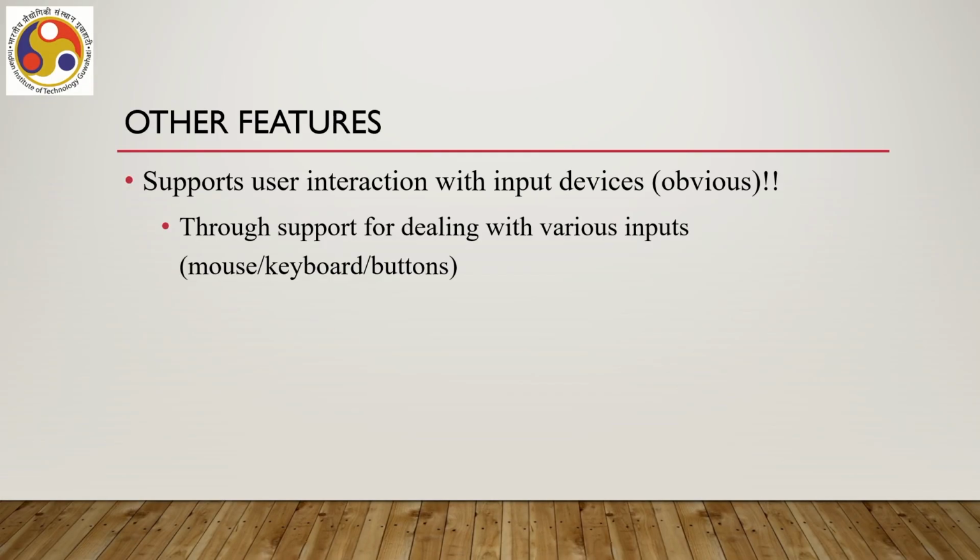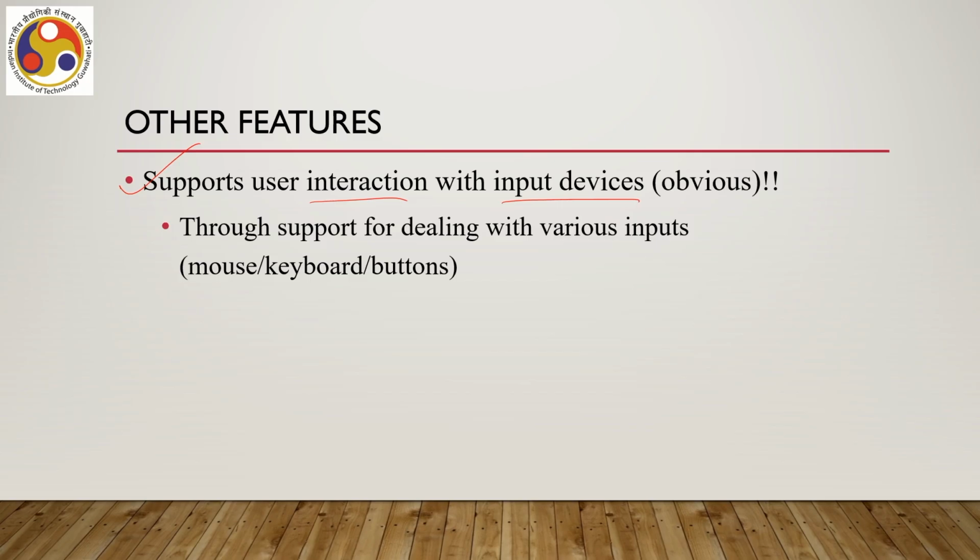As you can see, these are good constructs which can be utilized for controlling the way the objects behave in an immersive environment. There are many other features, of course, we cannot go through all of those in the limited scope of this lecture. For example, scripting supports user interaction with input devices, which is kind of obvious, because that is one of the key aspects of any immersive environment.